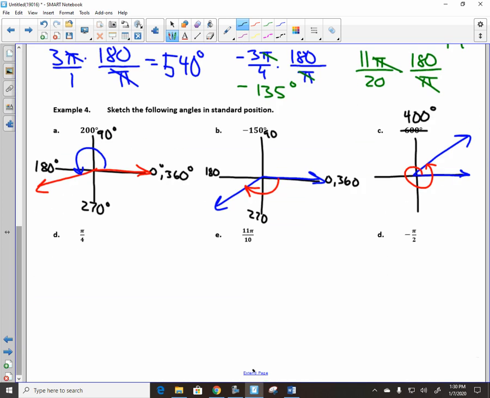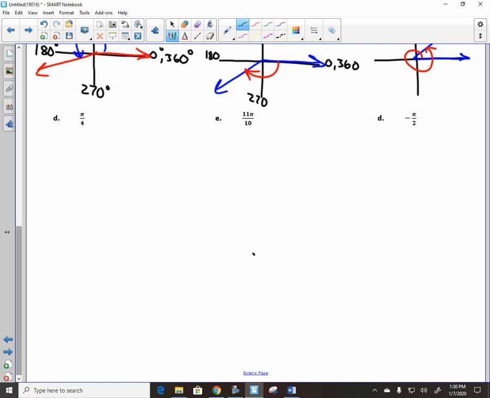Last examples, these are all in radians. You should be able to know where pi over 4 is. Pi over 4 is how many degrees? 45. So you can do the conversion and then sketch it. 45-degree angle right there. 11 pi over 10. You want to convert it to degrees? You multiply by 180 over pi. I can see that the pi's cancel.